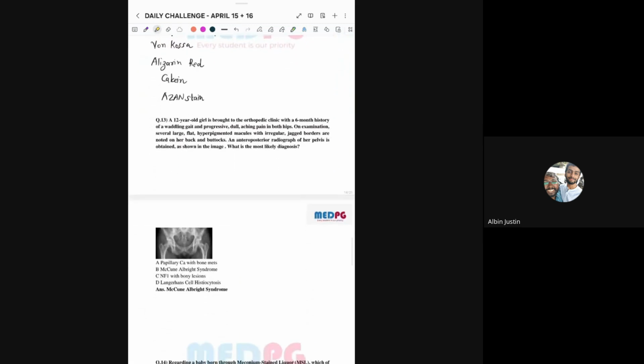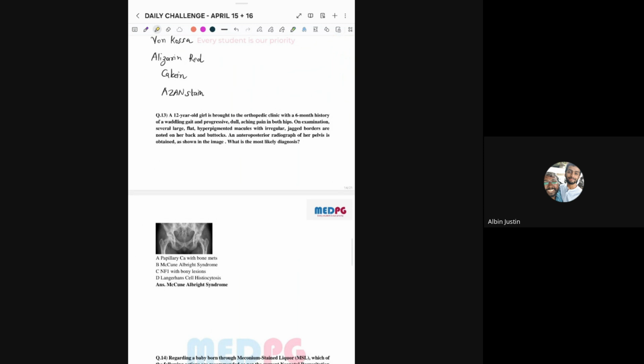Okay. Next question. Question number 13. 12-year-old girl with a 6-month history of waddling gait and progressive dull aching pain in both hips. On examination, several large flat hyperpigmented macules are seen. What are these?